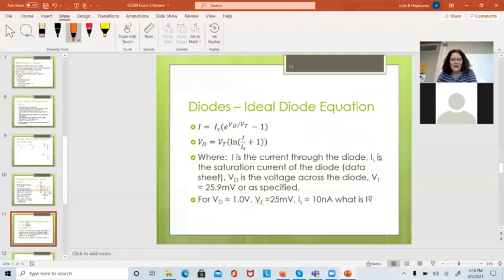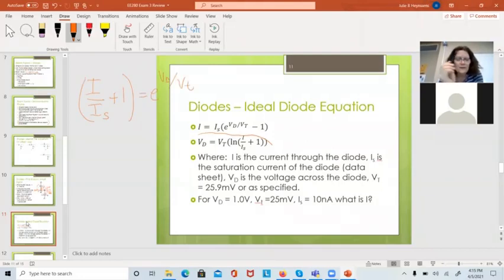The ideal diode equation. So if I look at this equation here, I can solve it for VT. That's all I've done here. I take I and divide it by IS. Then I have to add 1, put that in parentheses, because that is going to equal e to the VD over VT.